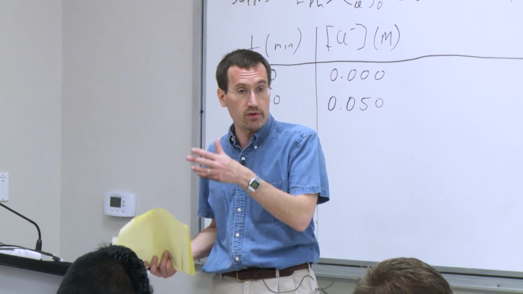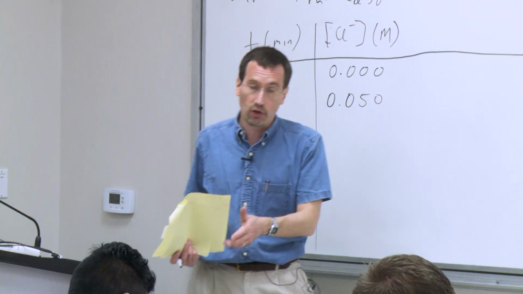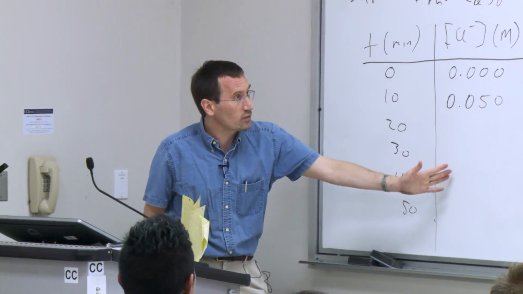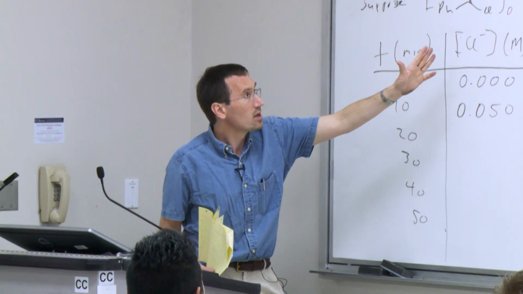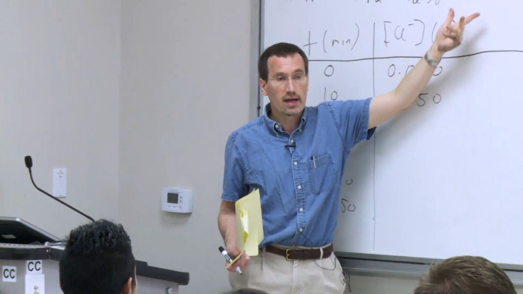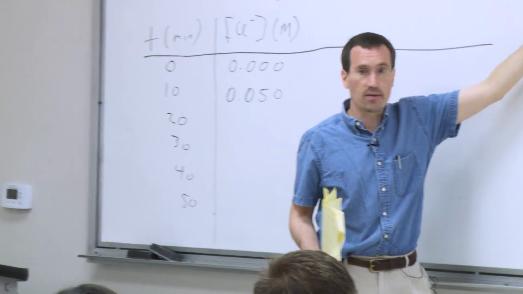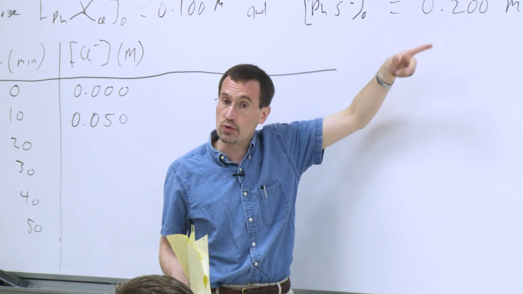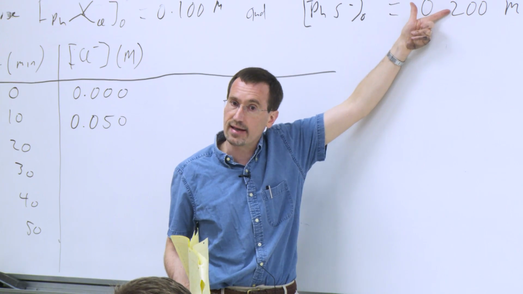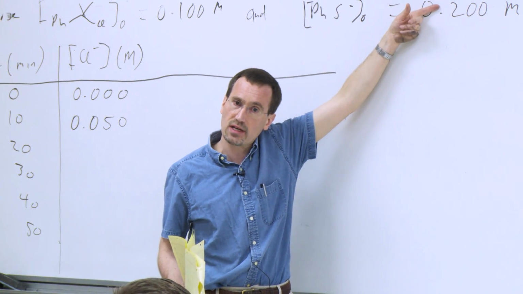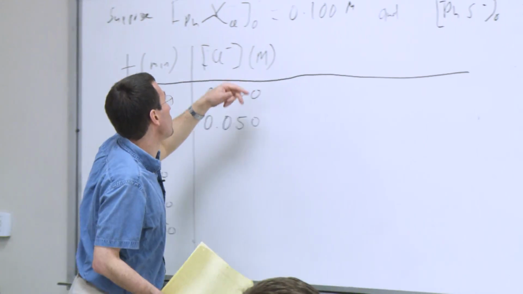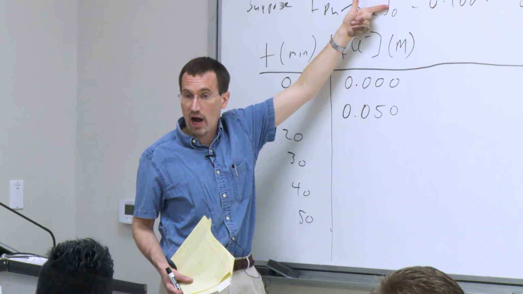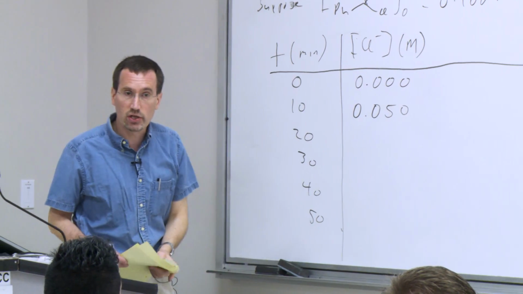You'd want to see whether the reaction behaved according to a first-order rate law. So you would say, do this reaction with 0.1 molar of reactant and 0.2 molar of thiolate. And then you might do the reaction with 0.4 molar of thiolate, see if you get the same rate constant. You might also do the reaction at 0.2 molar of chloride and see if the rate of reaction doubles.